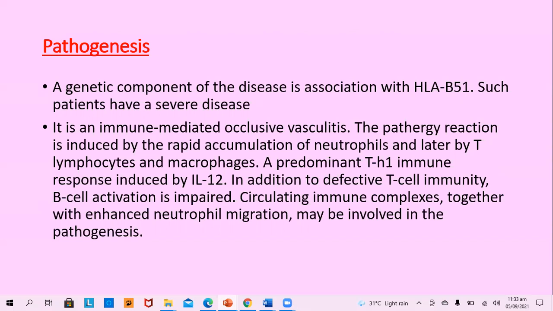A predominant Th1 immune response induced by interleukin-12 is the main cause. In addition to the defective T-cell immunity, B-cell activation is also impaired. Hence, circulating immune complexes, together with enhanced neutrophil migration, may be involved in pathogenesis and clinical manifestations of this disease.